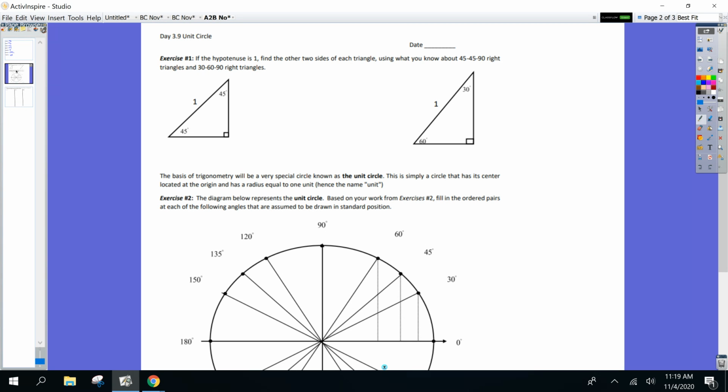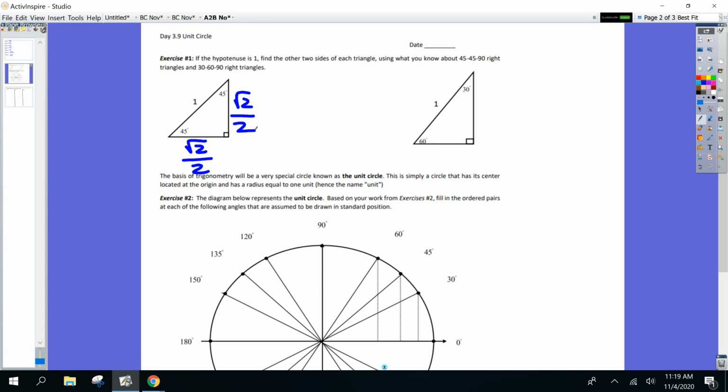So if I'm in a 45, 45, 90 triangle, and the hypotenuse is 1, the other 2 sides will be radical 2 over 2, radical 2 over 2. All right? So if you know the hypotenuse is 1, those other sides would be radical 2 over 2. Now the other triangle we talked about, a 30, 60, 90.